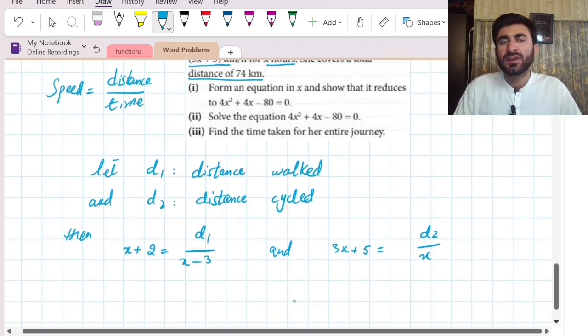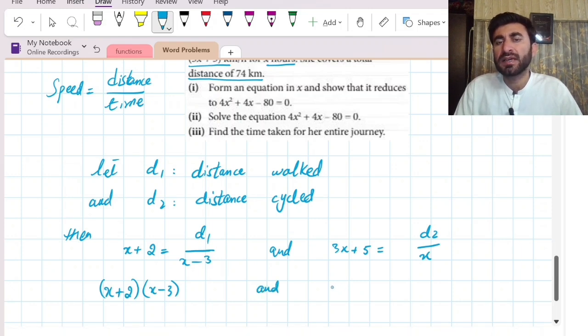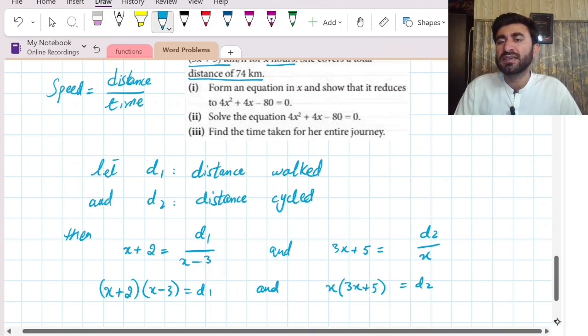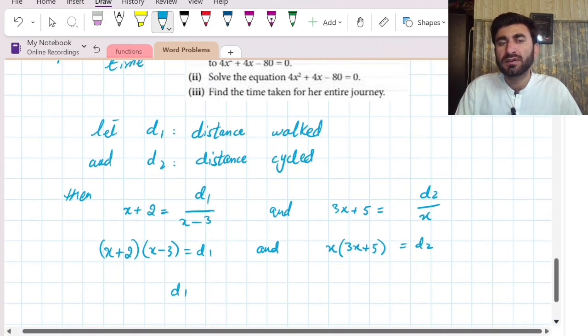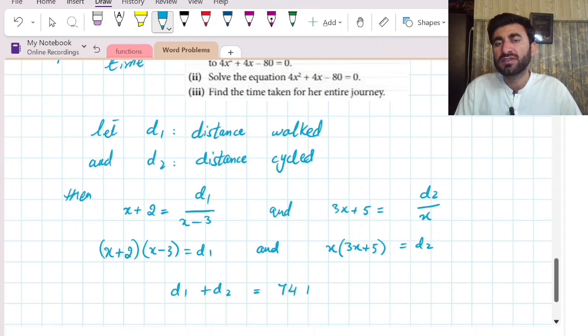So first we can calculate d1: x plus 2 times x minus 3, and d2 will be calculated by moving x to the left hand side, and it becomes x times 3x plus 5 equals d2. And because we know the total distance walked and cycled was 74 kilometers, we can say that d1 plus d2 equals 74 kilometers.